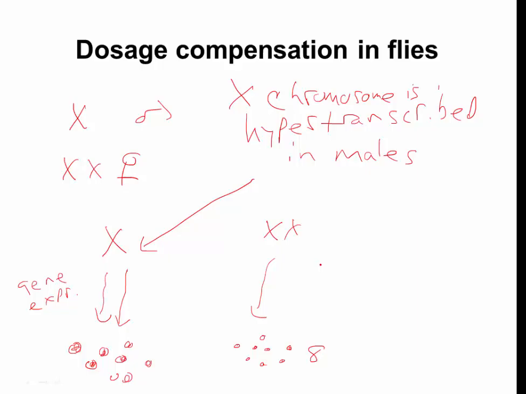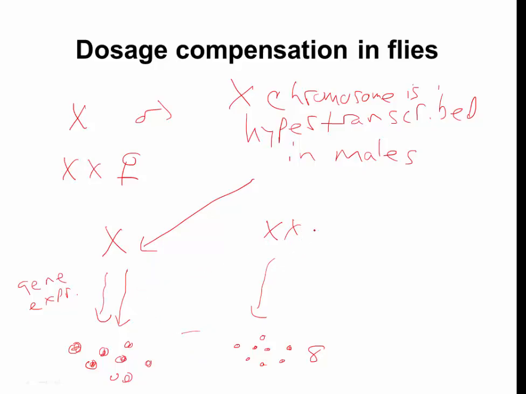And so it's the same net effect where we're evening out the expression between males and females, because if you have too much X chromosome gene product or too little, it's lethal and you die. And so you need to have the right amount. And there's two ways to do it.